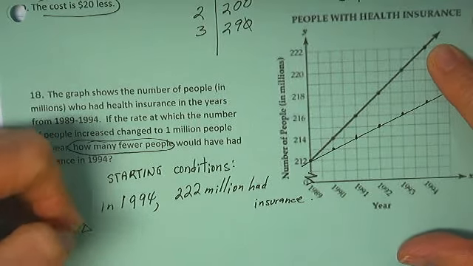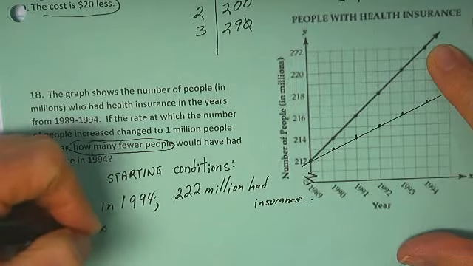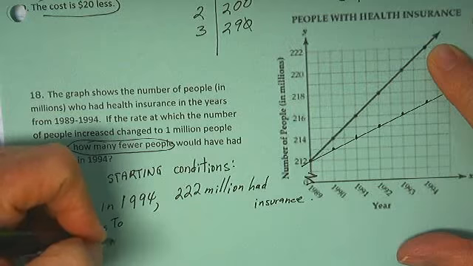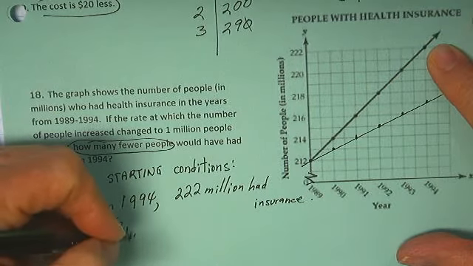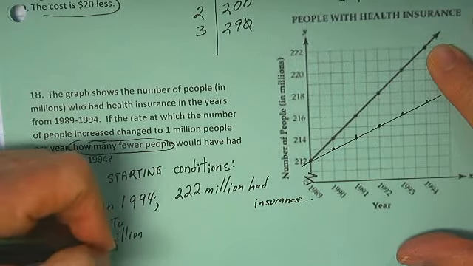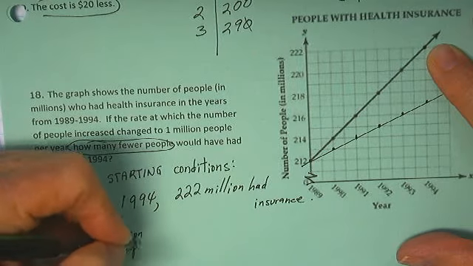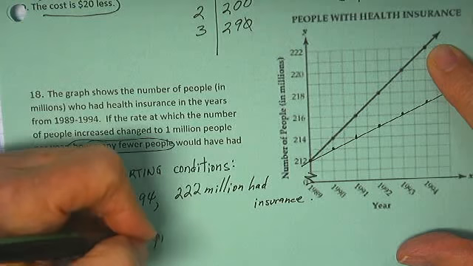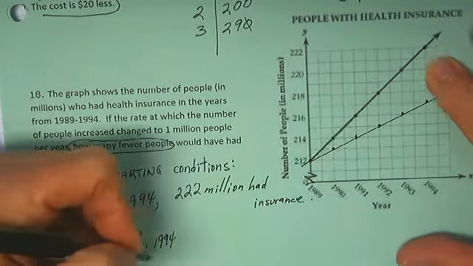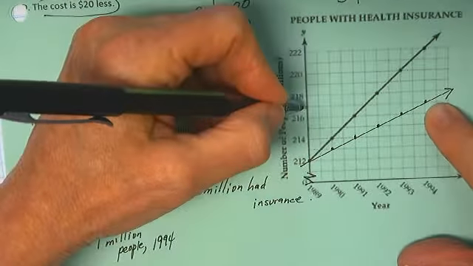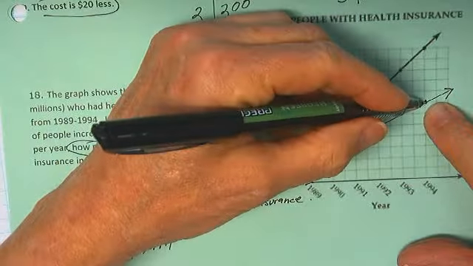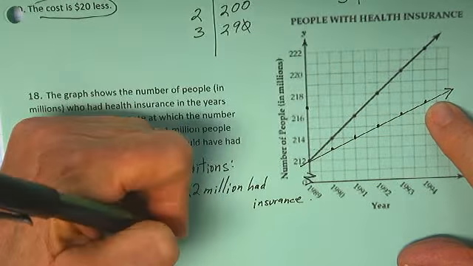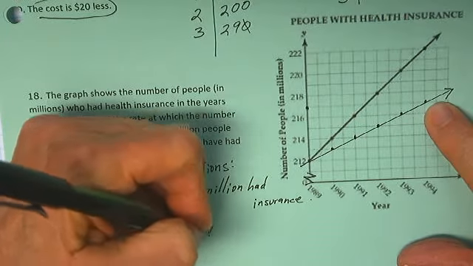If the change is to 1 million people, then in 1994, how many people had insurance? $217 million.